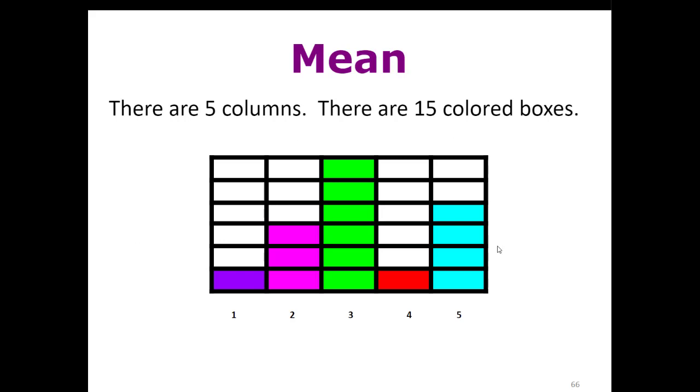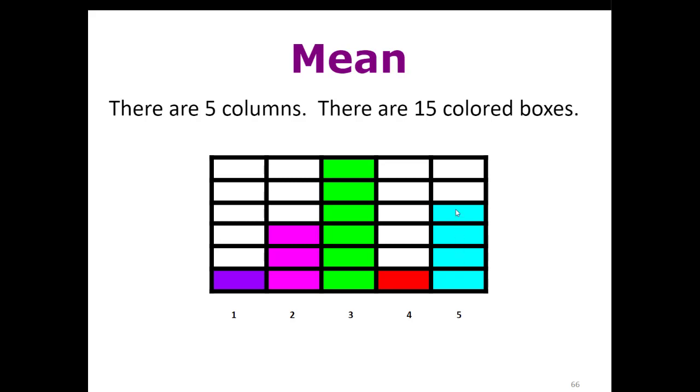So let's look at these 5 columns, okay? So here's the purple column, here is the pink column, here's the green column, the red column, and the turquoise column. And I have 5 columns, and I have 15 colored boxes. 1, 2, 3, 4, 5, 6, 7, 8, 9, 10, 11, 12, 13, 14, 15.